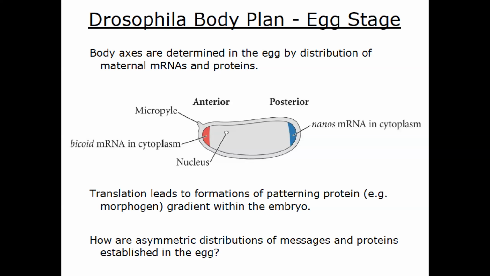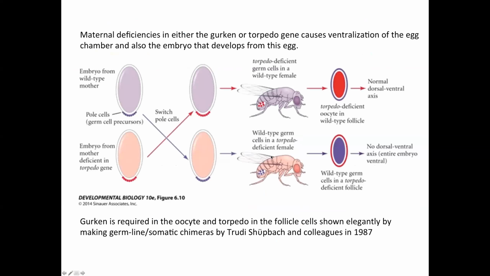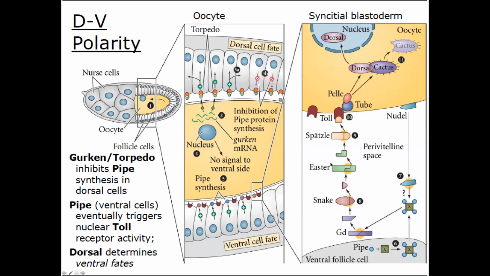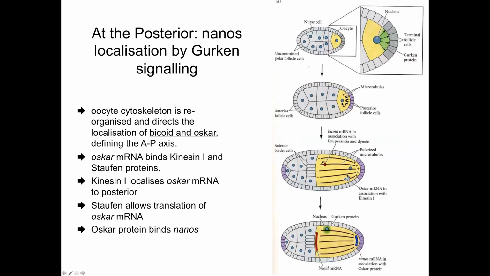So OSCA mRNA is what, maybe I'll just go back to my previous slide. Yeah, so if you remember this slide that we discussed last class, bicoid binds to the minus-ended motor proteins, the dynein motor, and gets transported in this direction.